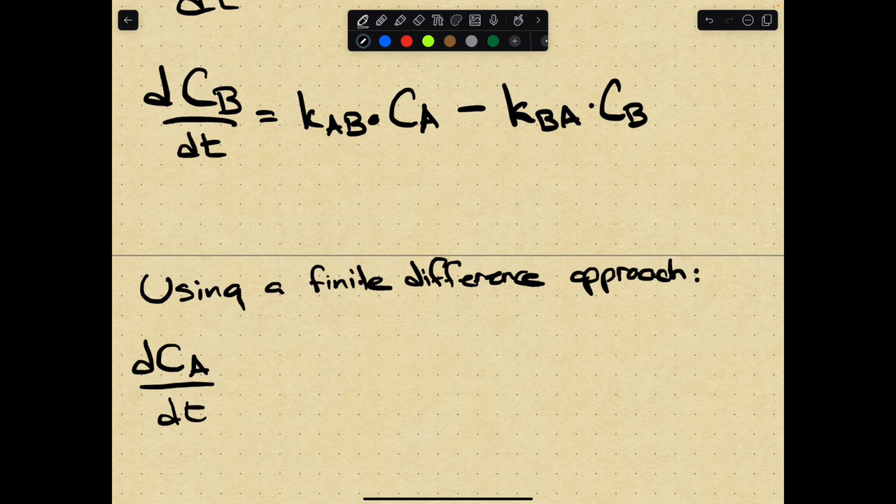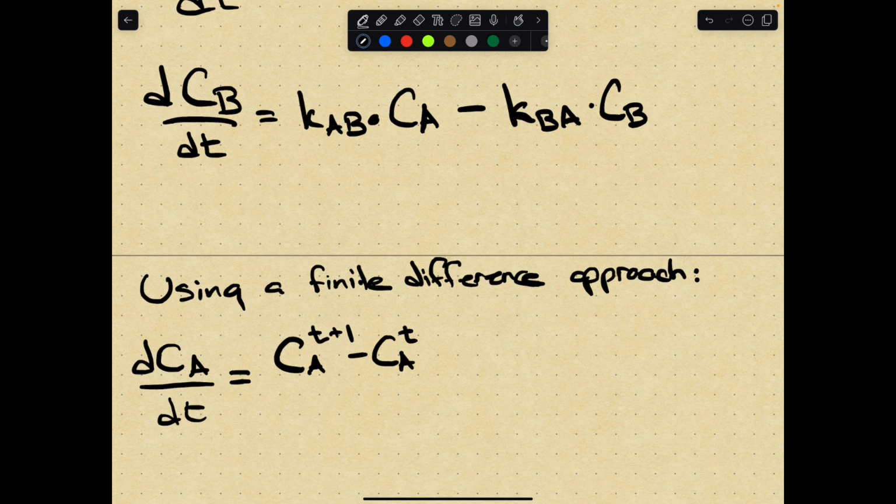dt term, this just becomes, if any of you are actual mathematicians in the audience, I apologize. I'm going to say this is a full equals. This is not a full equals, but for us that are engineers and numerical modelers, it's close enough. So this is going to be CA at some t plus 1 minus CA at some time t.